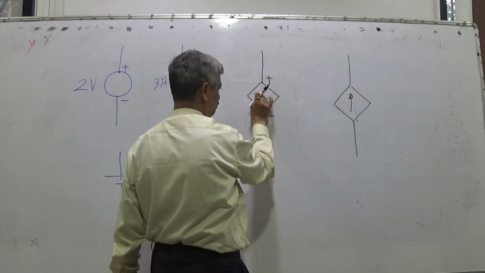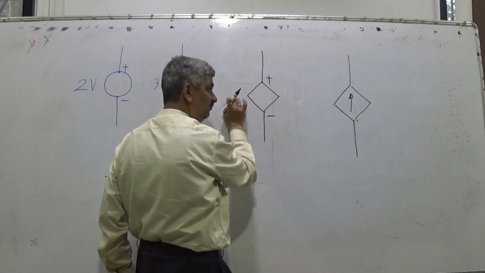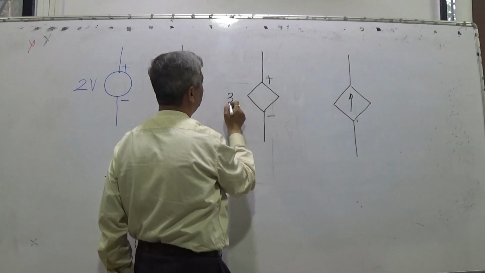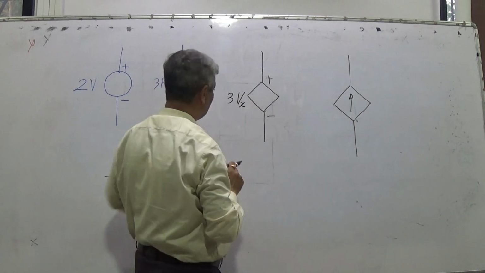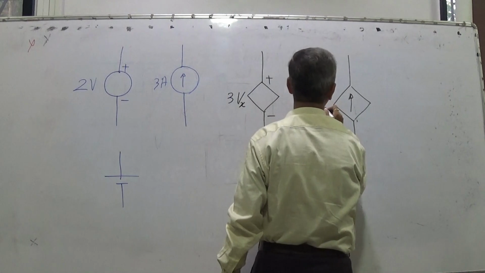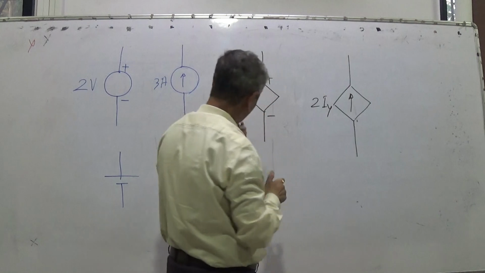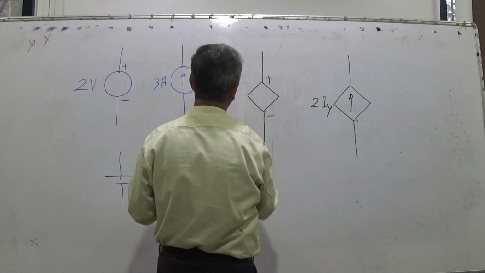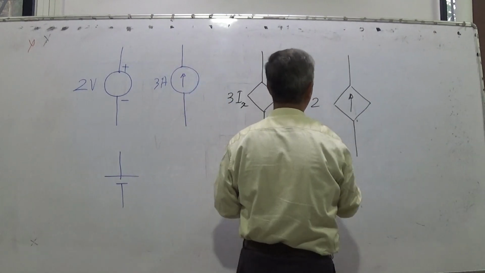It is a dependent voltage source, it is a dependent current source, and its value should be some constant, maybe 3 times Vx. What Vx is, is shown elsewhere in the circuit. This may be 2 times Iy. So what is Iy? Some other current. It need not be 3 times Vx, it can be 3 times Ix also, where Ix can be some other current. This can be 2 times Vx also.